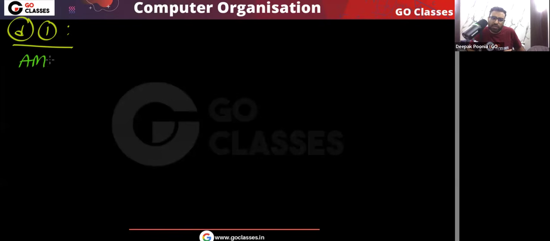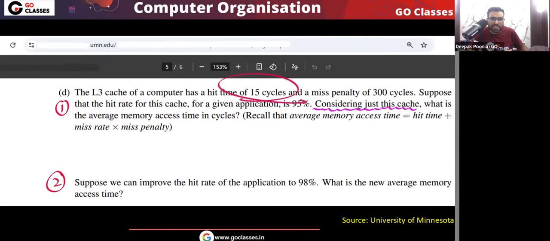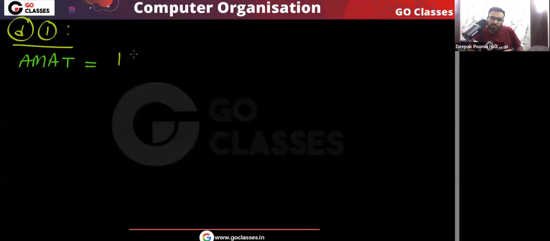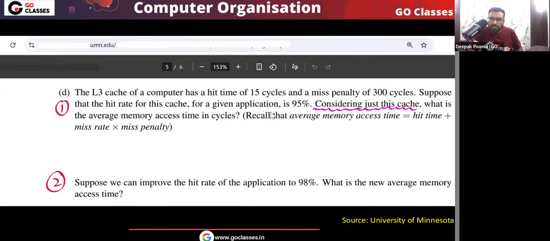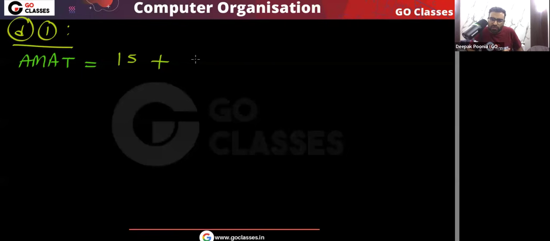It will be equal to the cache memory hit time, or I can say cache memory access time. The cache memory hit time is 15 cycles, so we have 15 cycles plus the miss rate. Hit rate is 95%, so the miss rate is 5%, yes or no? And when you convert 5% into a fraction, you divide by 100, so the miss rate is 0.05. Miss rate into miss penalty.